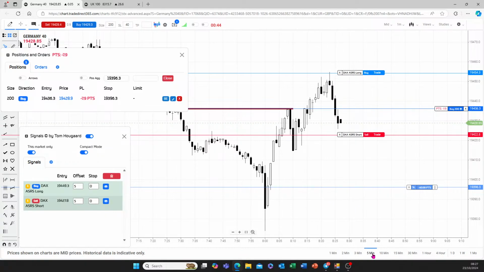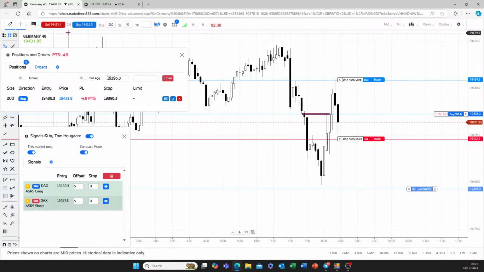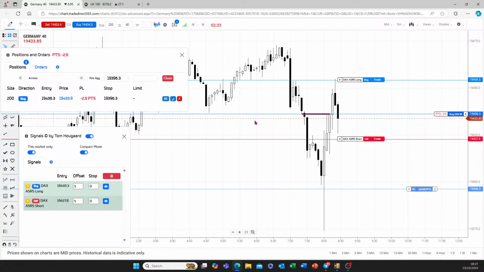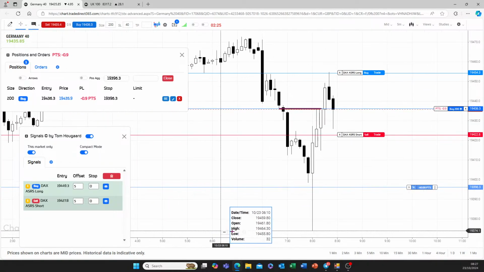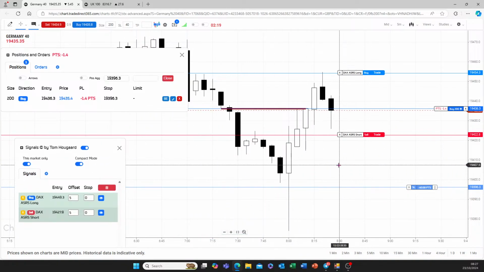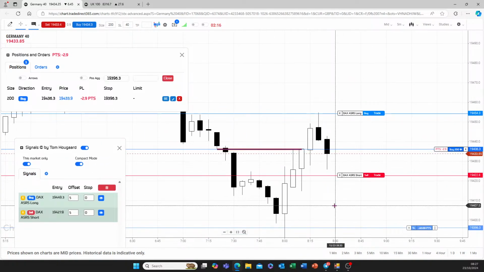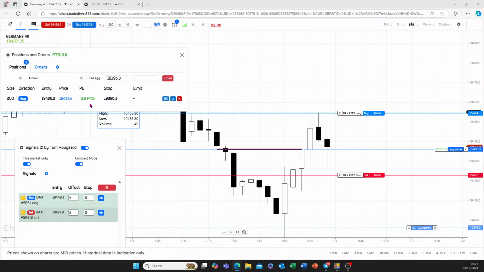I bought a retest of this area here. And that's what we're seeing here. Hopefully. Well, we're in profit now. So that's something, right?